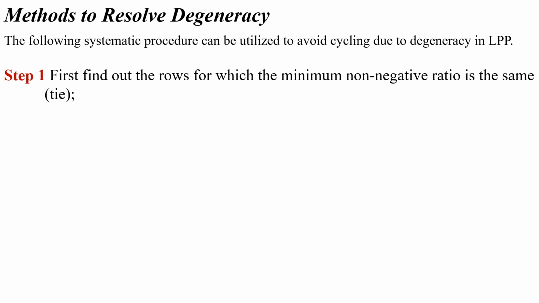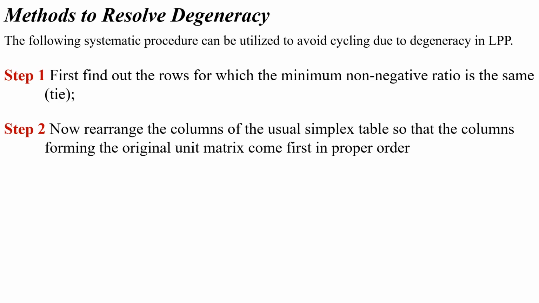of the incoming variable. Second step is to rearrange the columns of the usual simplex table so that the columns forming the original unit matrix come first in proper order.